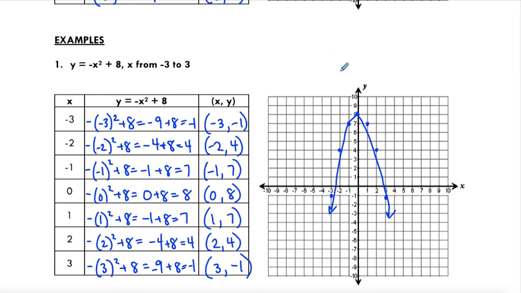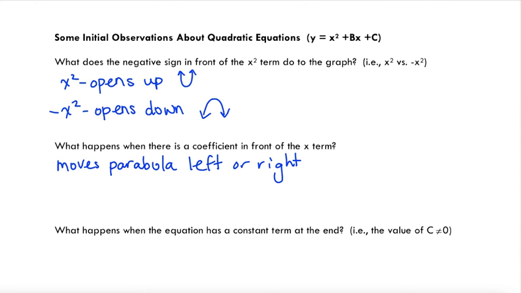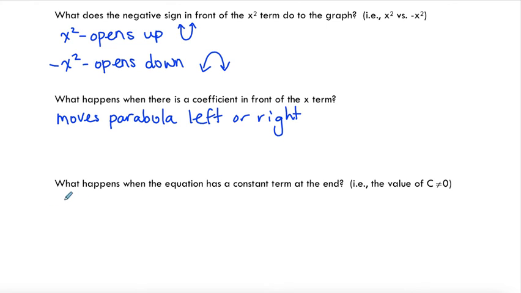So anytime we have a value of c, it either moves it up or down depending on the sign. So these are just some quick happenings about parabolas and how they can move or transform based on the original equation.